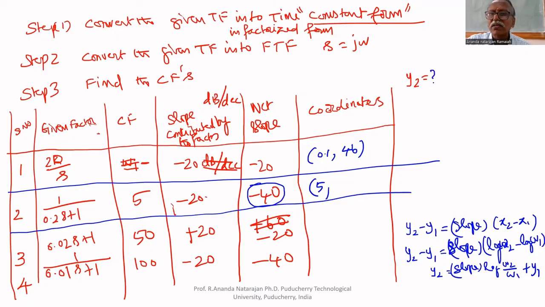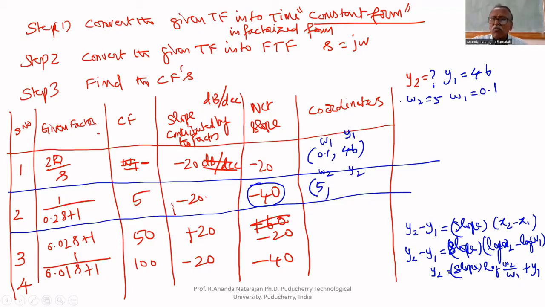Therefore, y2 equal to, we have to find y1 equal to what? 46. Am I correct or not? y1 equal to 46. Omega 2 equal to 5. Sorry, omega at 5 we have to find. Omega 2 equal to 5, omega 1 equal to 0.1. y1 equal to 46 because this is omega 1, this is y1. Now this is omega 2, y2 we have to find.